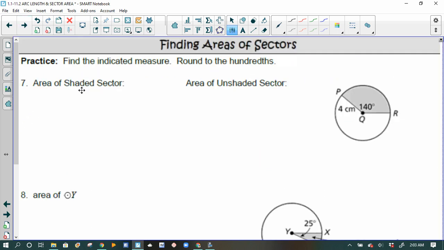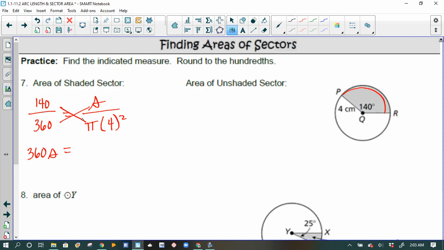All right, so find the area of the shaded sector. So the shaded sector is this arc right here. So that's 140 over 360. The area of the shaded over pi r squared. Cross multiply 360s, cross multiply.